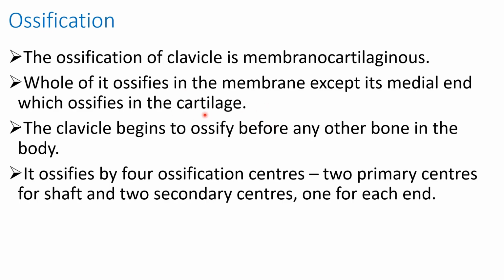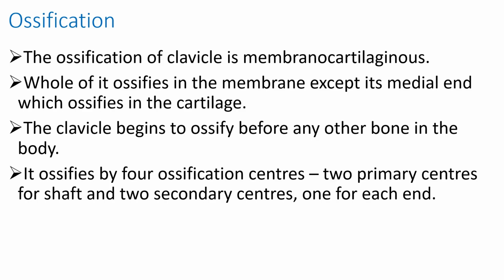So a larger percentage of the clavicle will ossify in the membrane except for the medial end, which ossifies in the cartilage. So this is why we say that the ossification of the clavicle is membranocartilaginous, which means that it involves both the membranes and the cartilage.